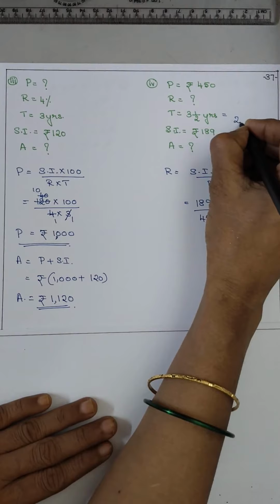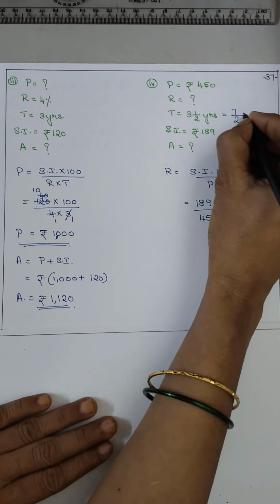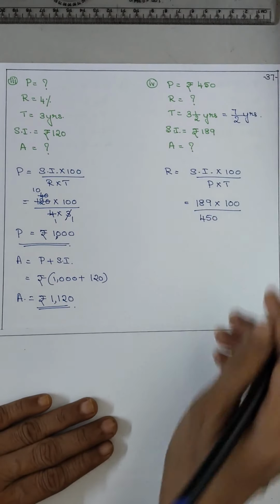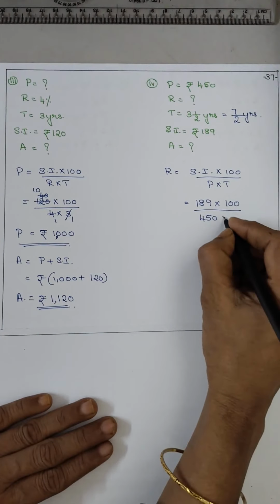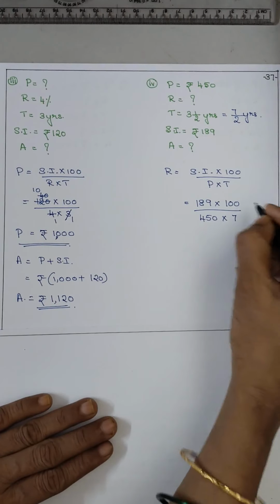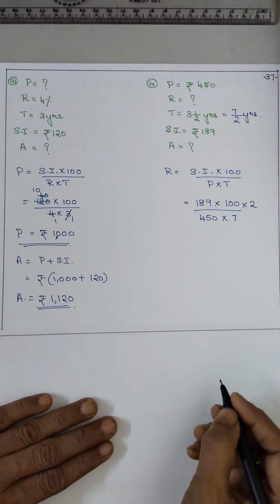So convert. 3 2s are 6 plus 1, 7/2 years. So into 7, denominator 2, numerator.